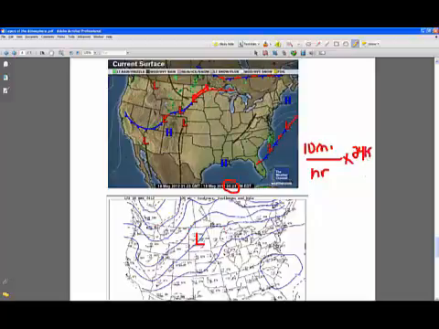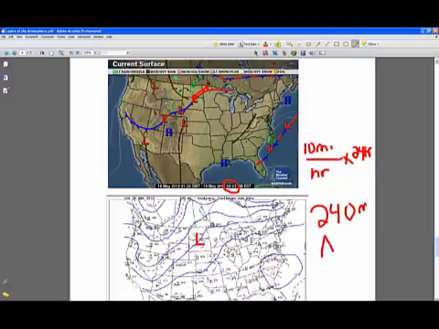And so it would move 240 miles to the northeast. In other words, that low's not moving very quickly.